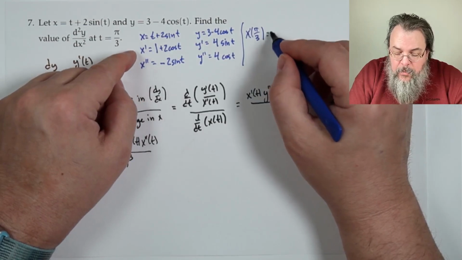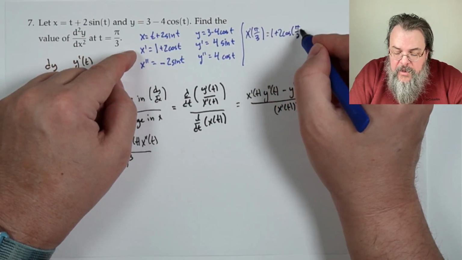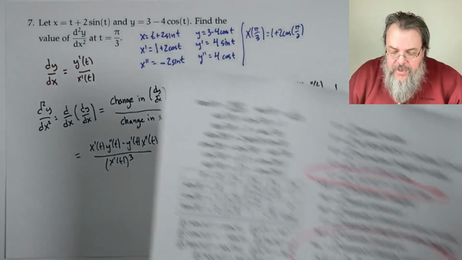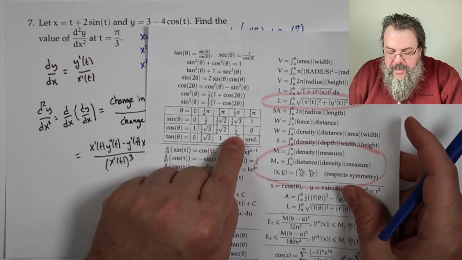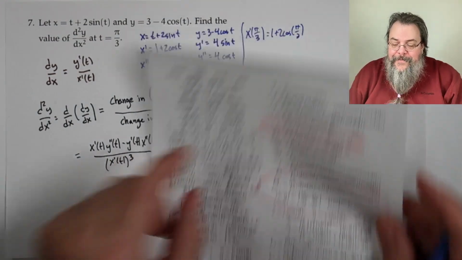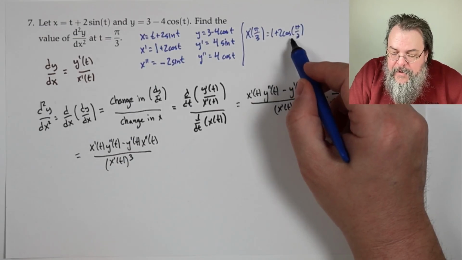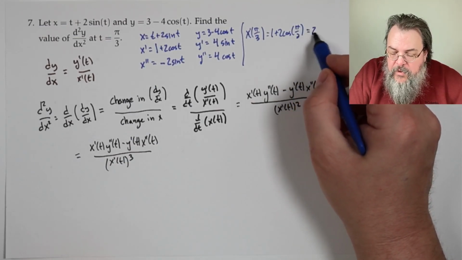That would be 1 plus 2 cosine of pi over 3. And now we grab our formula sheet and look up, hopefully cosine of pi over 3 is not bad. It's not. Cosine of pi over 3 is a half. Oh, thank goodness. So 2 times a half makes 1. So this is 1 plus 1, which makes 2.